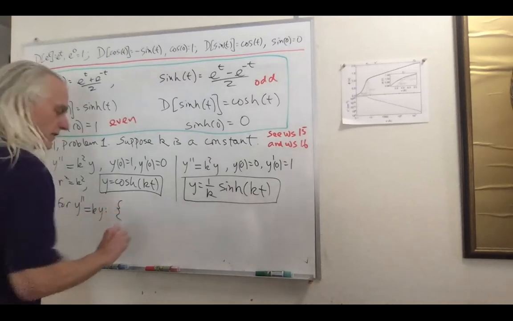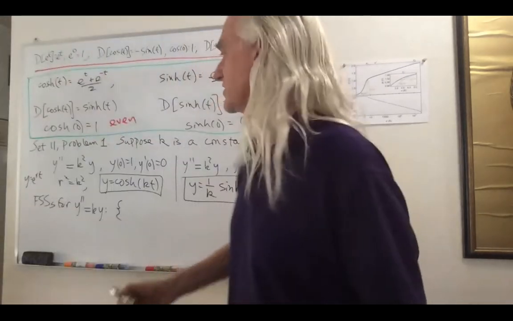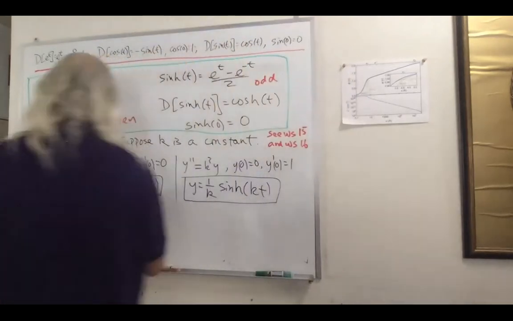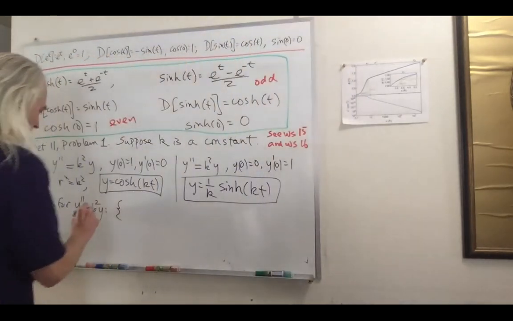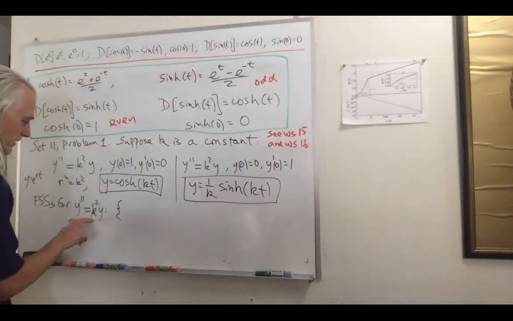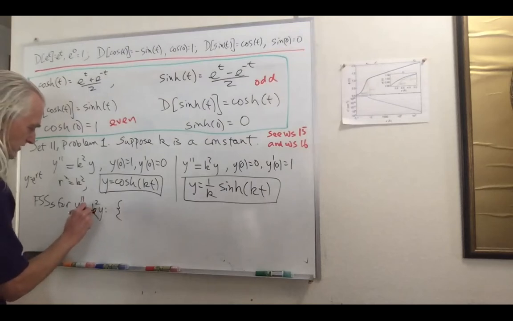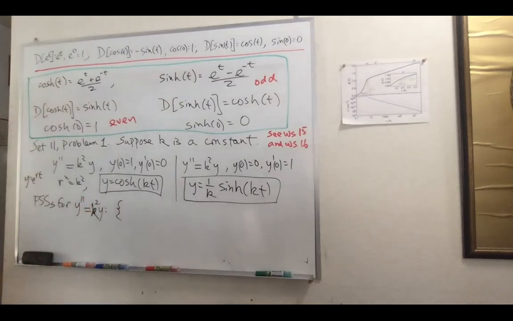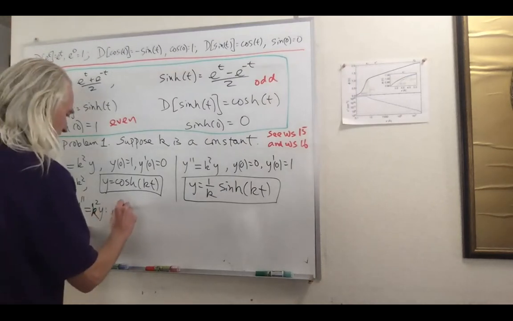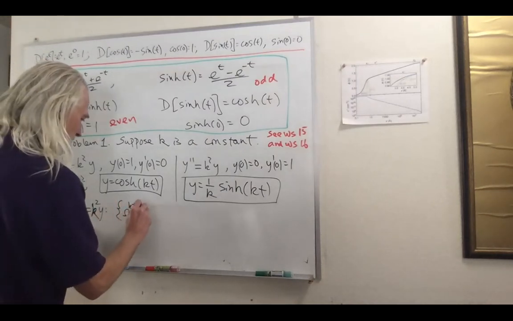There's lots of different fundamental solution sets for this differential equation, plus k squared. Again, the way that I get an arbitrary positive constant in front of the y is to call it k squared. So I can have e to the kt and e to the minus kt.